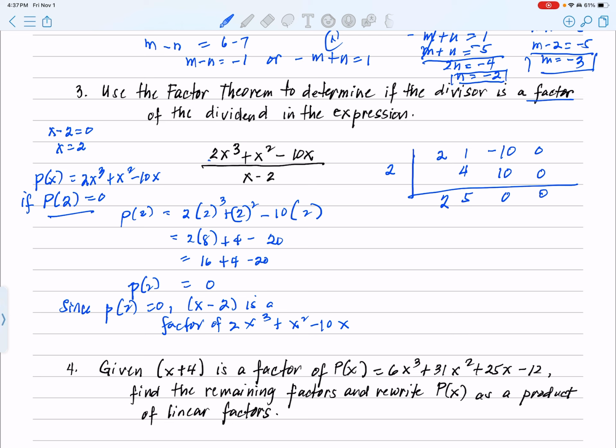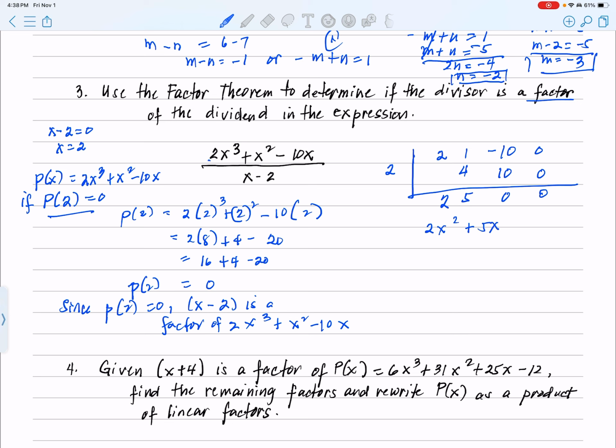So the result of the synthetic division is one degree lower: 2x squared plus 5x.